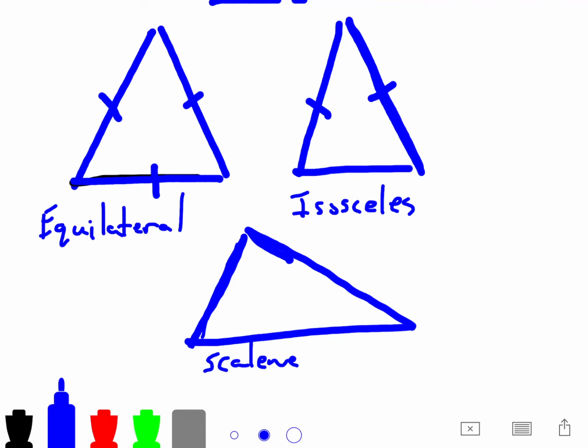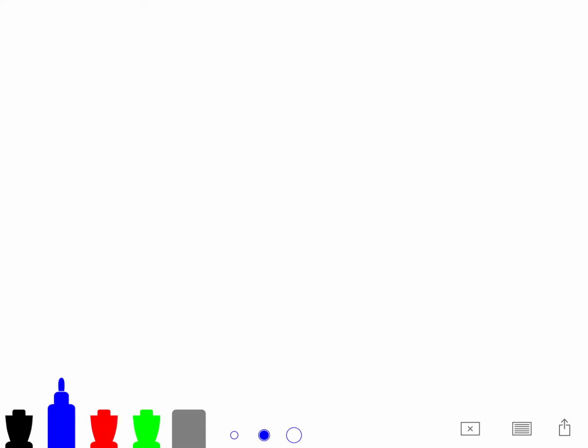Now, what about classifying triangles based on their angles? This one is a little bit easier. So let's go ahead and get into those. So if I have an acute triangle, that means all three angles are smaller than 90 degrees.